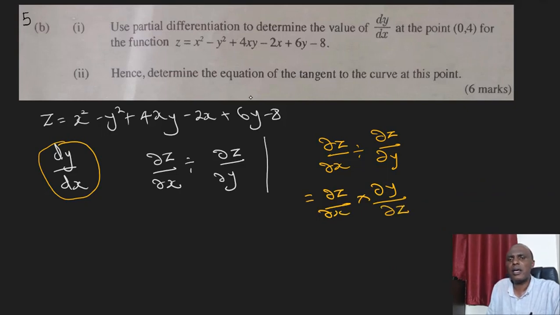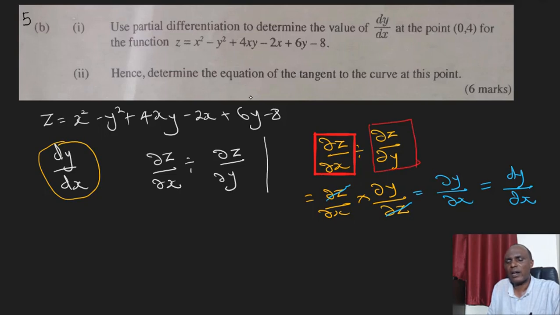Now dz will cancel with dz, and therefore we get ∂y over ∂x, which is equal to dy over dx. Now let us get the two values, that is the value of ∂z/∂x and the other value ∂z/∂y.